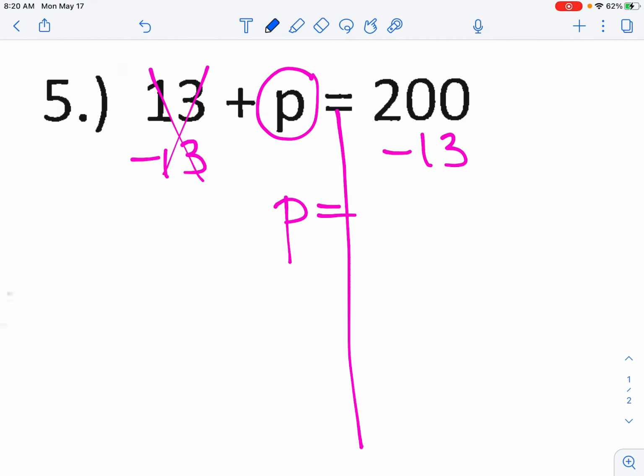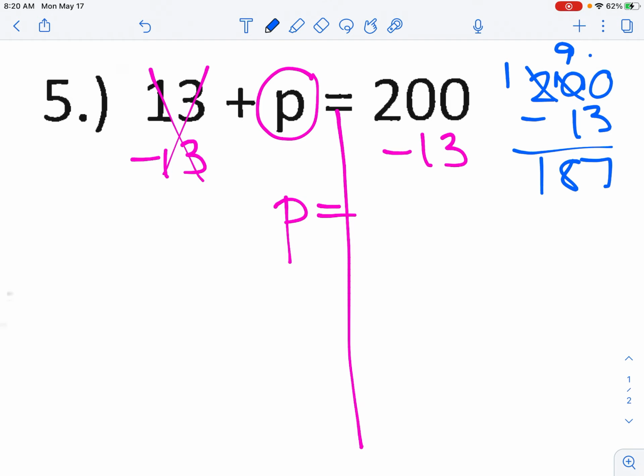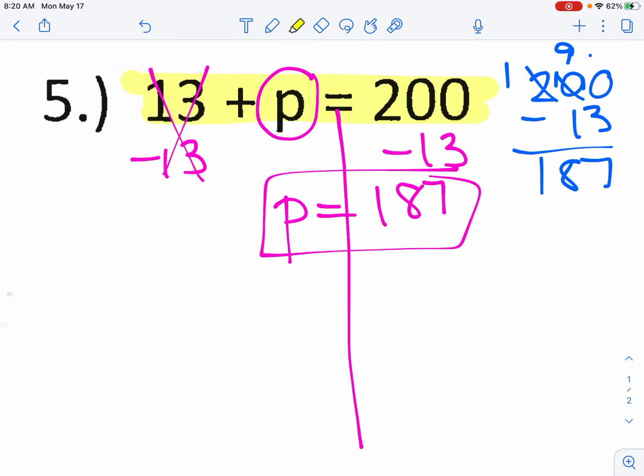Ms. Jardine says if you have a 3-digit number, you have to show your math out to the side. So 200 minus 13, I think, is 187. I'm going to put a box around my answer, and now I'm going to rewrite my original equation, substituting for P. Is 13 plus 187 equal to 200?